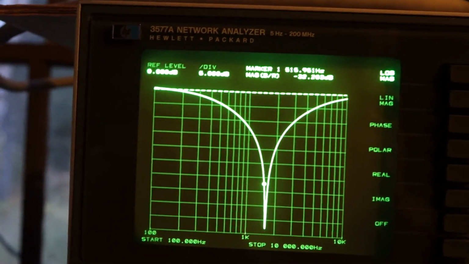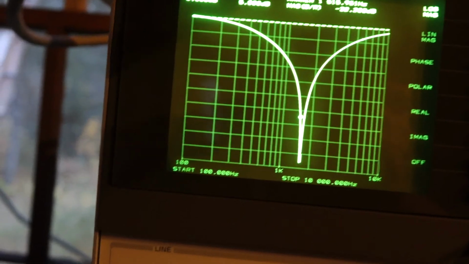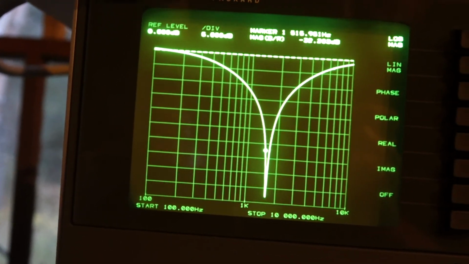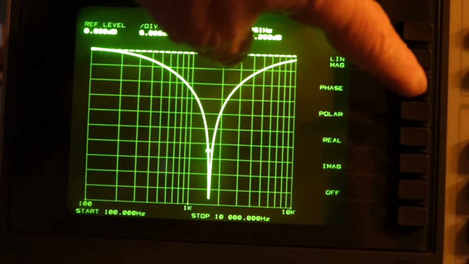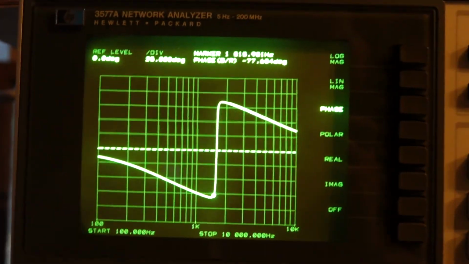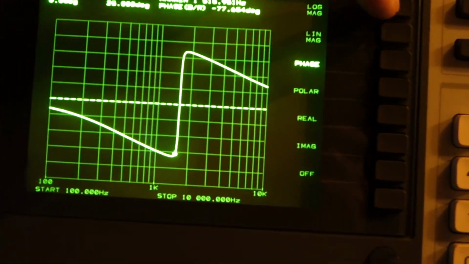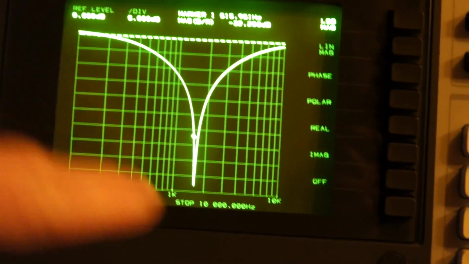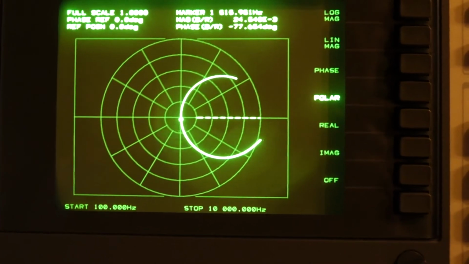The response is going between 100 Hertz and 10 kilohertz. The notch is at about 1500 Hertz. Here's the phase response. You can see that. Back to the magnitude response, and here's a polar response of it.